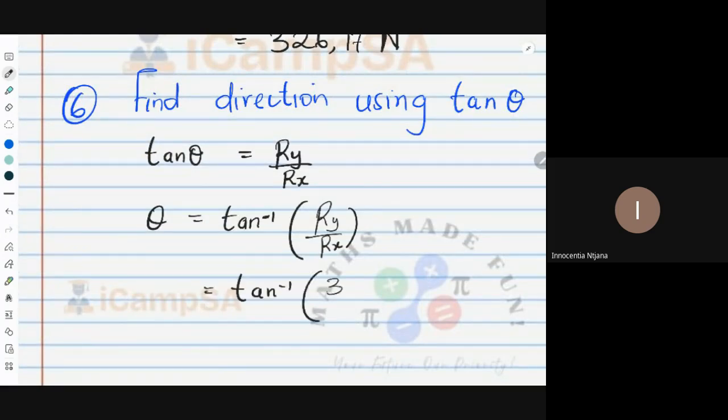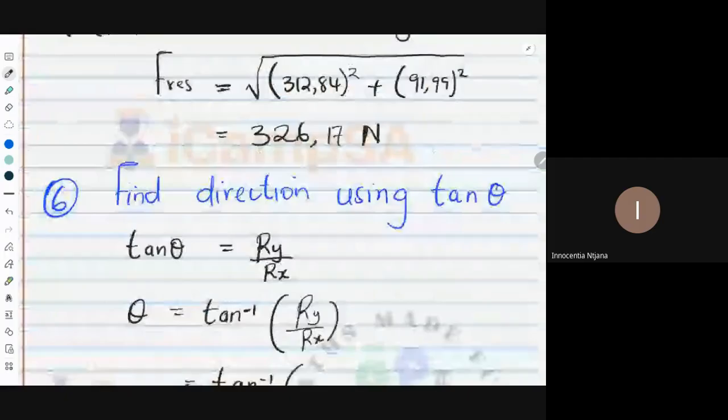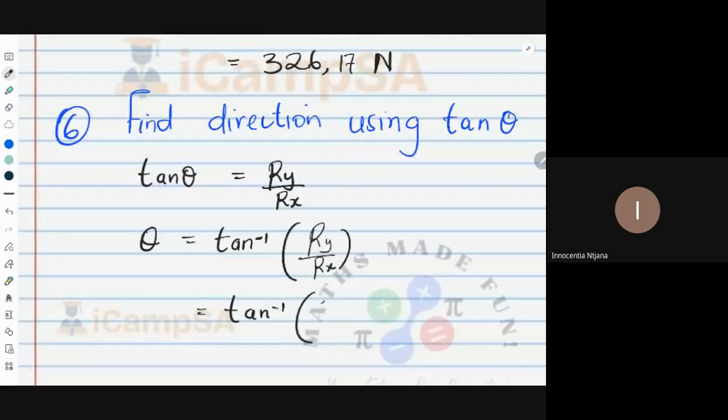We said Ry is, sorry, what is Ry? 91.99. What answer do you get? Let me see if I find the right answer too. I got 16.39.